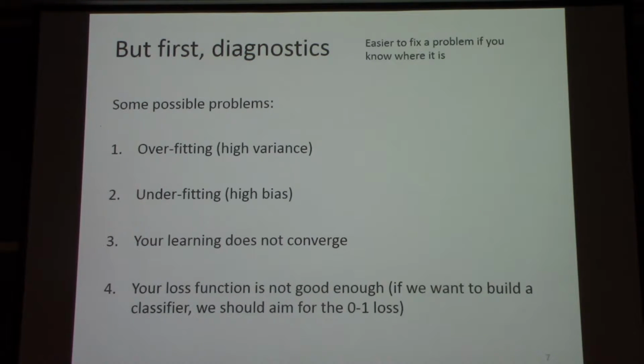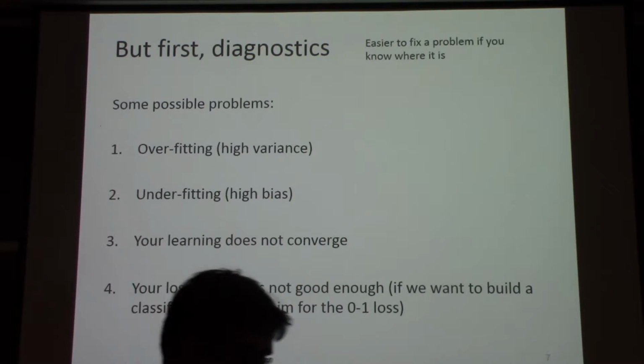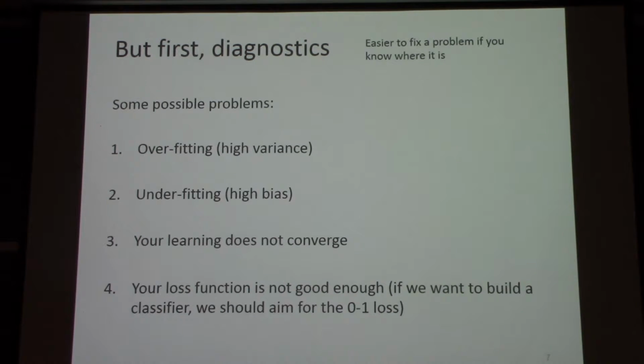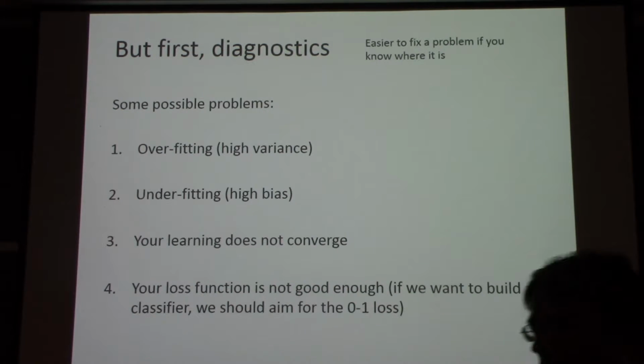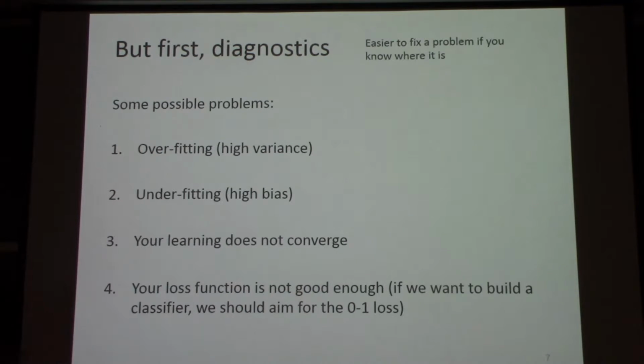Some kinds of problems, and these should not seem awfully unfamiliar to you: your classifier might be overfitting or underfitting. You've not run your learning algorithm long enough because you're not tracking the objective, or maybe because you don't have enough time. Your loss function is not a good enough approximation of the true accuracy you're measuring.